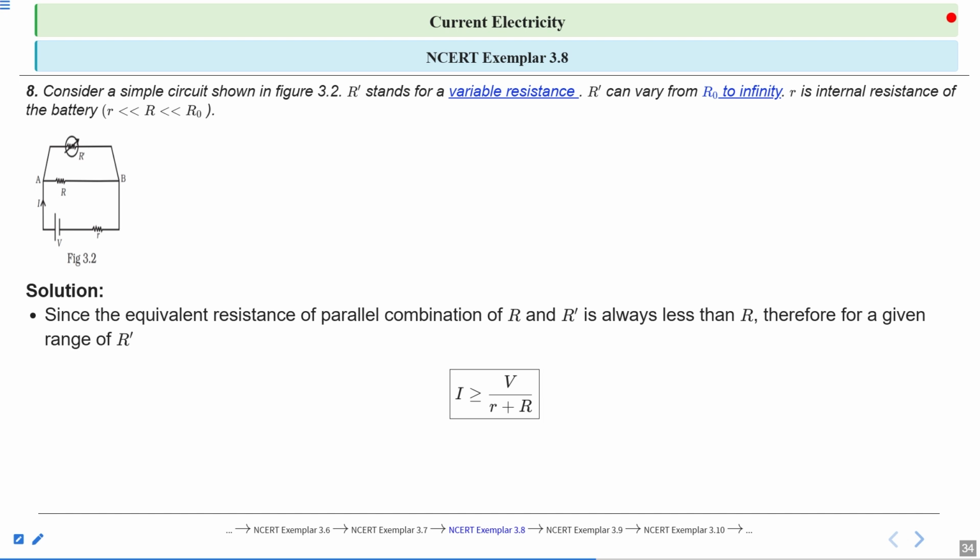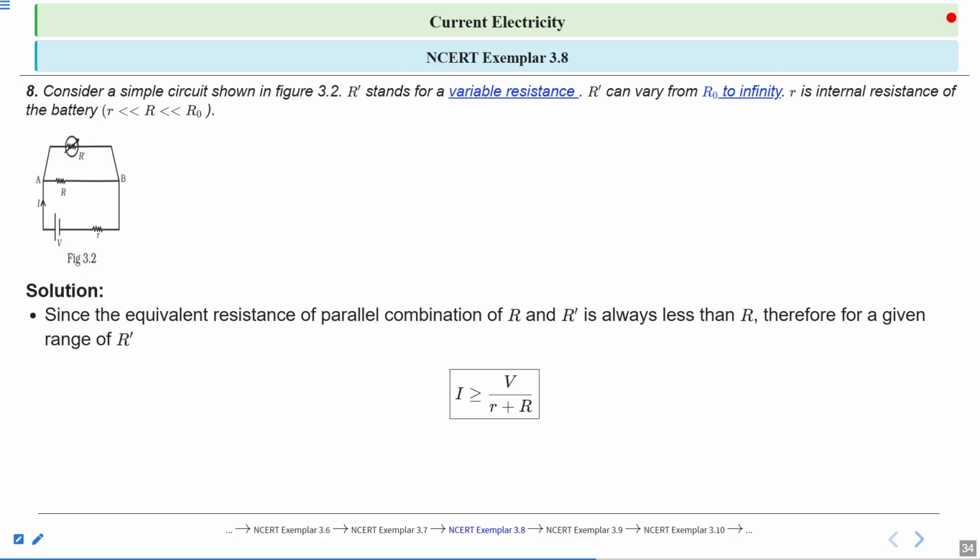We have replaced R equivalent with R, and R equivalent is less than R, so I will be greater than or equal to V upon small r plus capital R. I will be equal to V upon small r plus capital R when R dash becomes infinite.